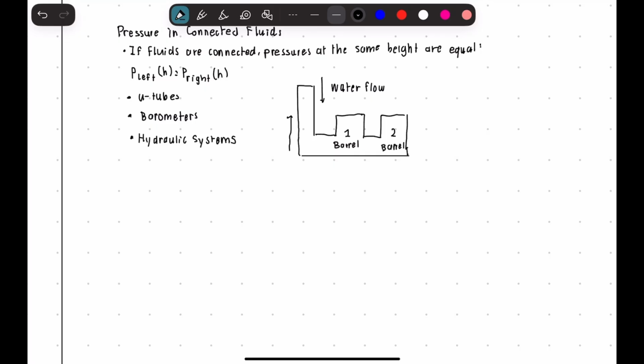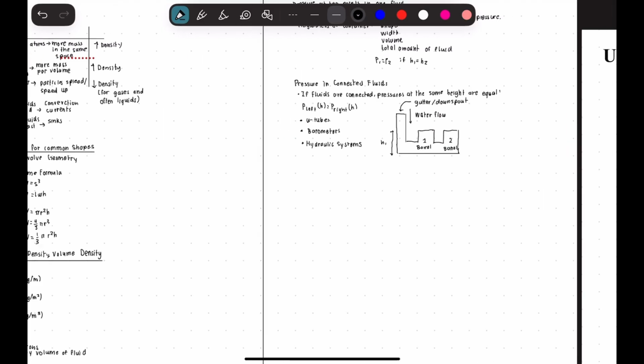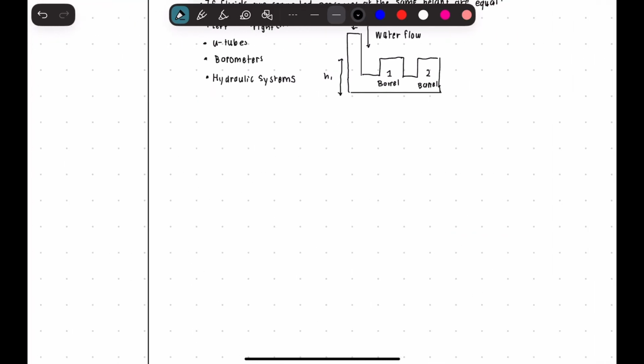This is h1 and this is the gutter. And the downspout. Let's also imagine another scenario where you have a circle, a spout coming out, and then this shape.